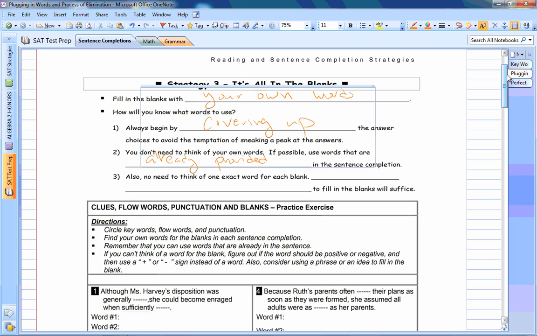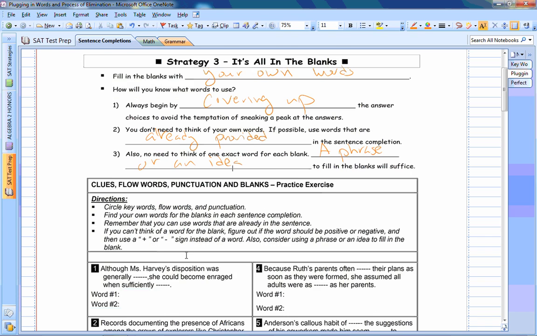If you can think of one word, great, but if you can't, not a big deal. Sometimes a phrase or an idea to fill in the blank will suffice, because when you look at the choices, you might see a word with a definition similar in meaning to the phrase or idea you have, and therefore you have a match for the correct answer.